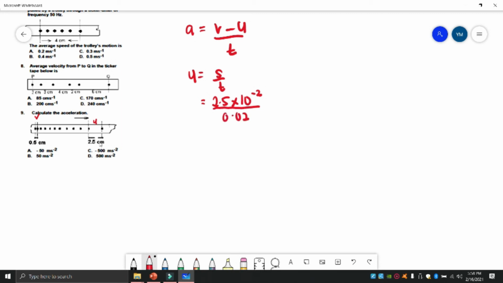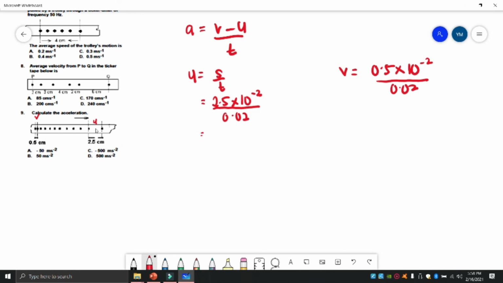This one is for U. And for V it is 0.5, and you change to meters, 10 power of negative 2. The time is 0.02, because there is only one tick here. Let's use the calculator.